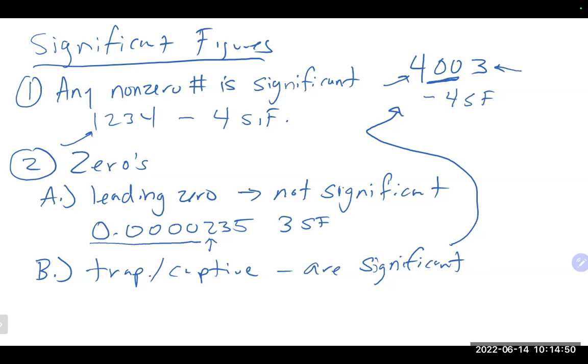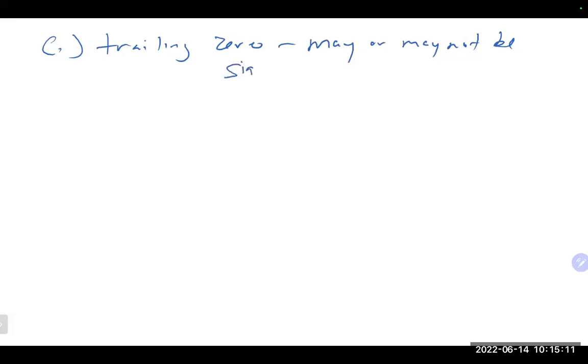Now, probably the zero that gives people the hardest time is actually the trailing zero. Those may or may not be significant.